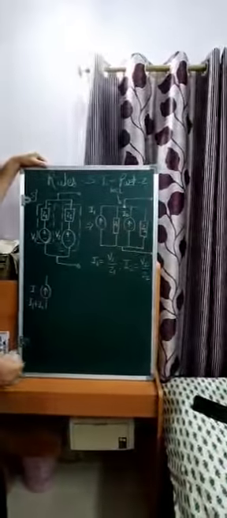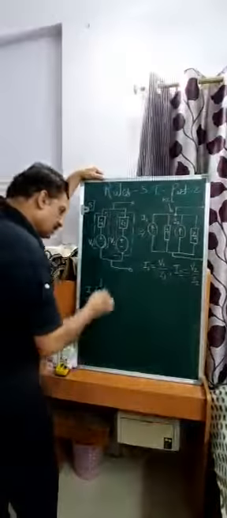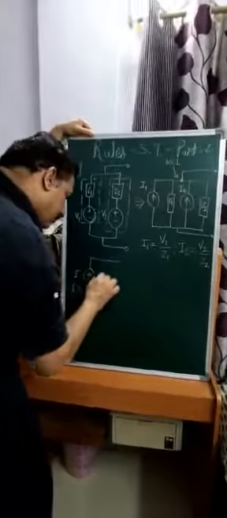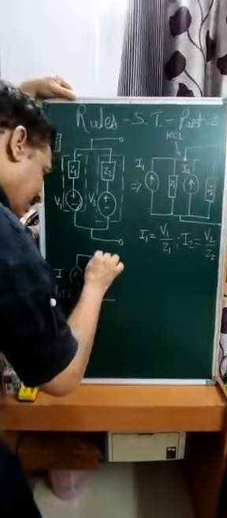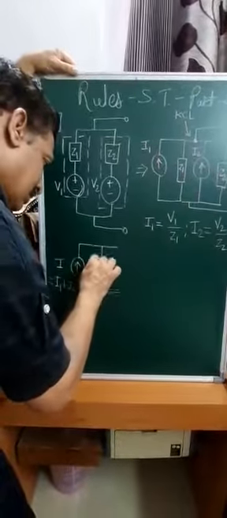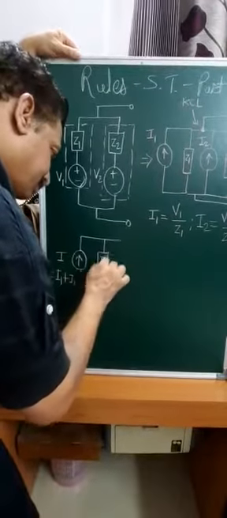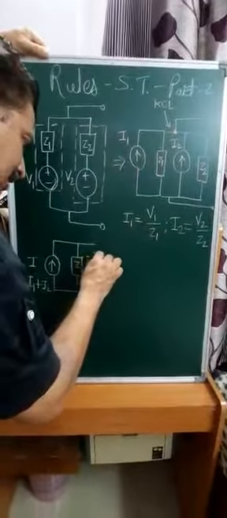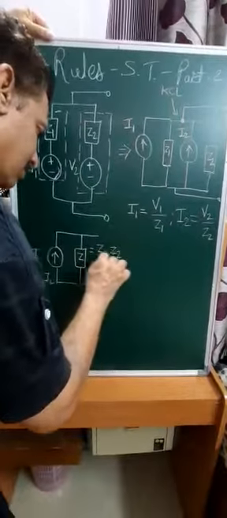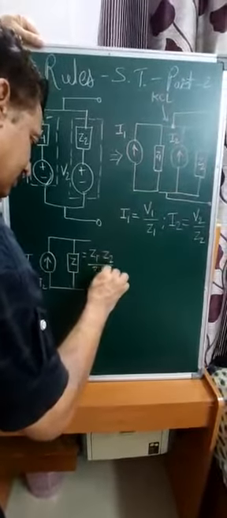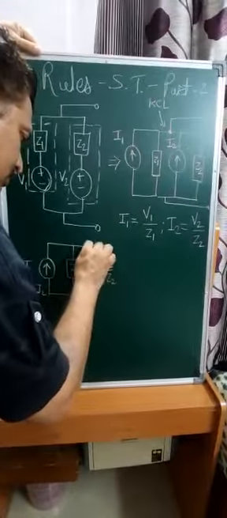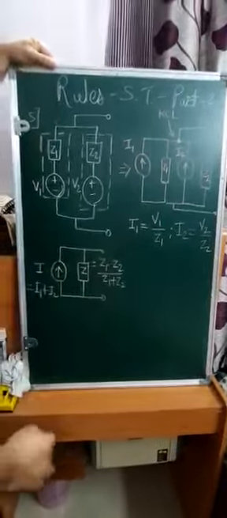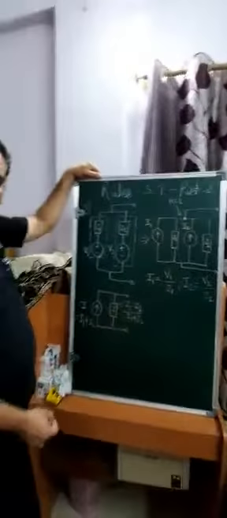And here Z1 and Z2, the internal impedances of the respective current sources, are in parallel. So the equivalent impedance is, say, Z. As it is connected in parallel, the equivalent impedance can be written as Z1 Z2 upon Z1 plus Z2. So this is the single equivalent current source from the parallel circuit.